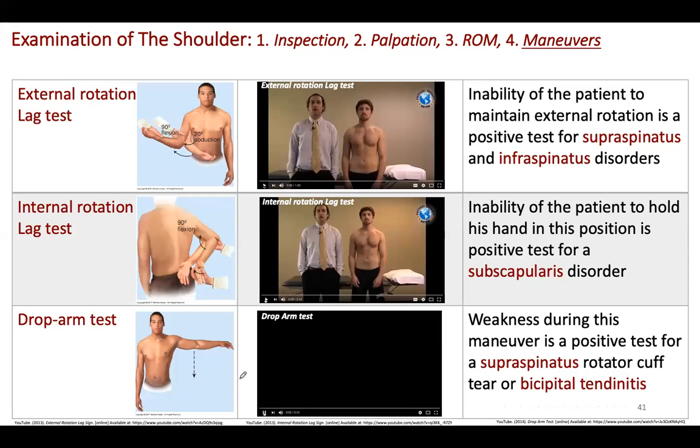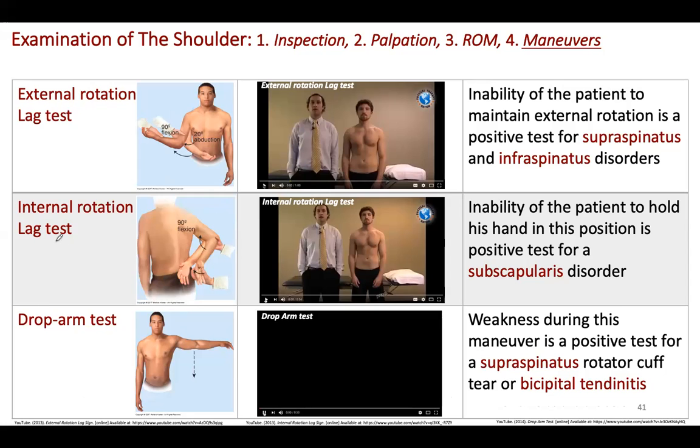Then, if the painful arc test is positive, we know that there is rotator cuff injury, but the rotator cuff has 4 muscles. So when we do further tests, we can limit the diagnosis to 1 or 2 muscles.